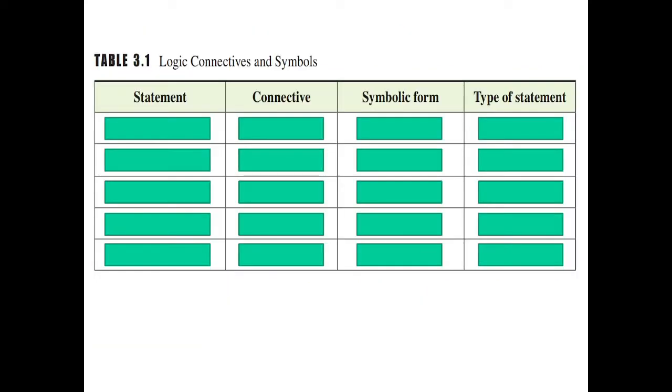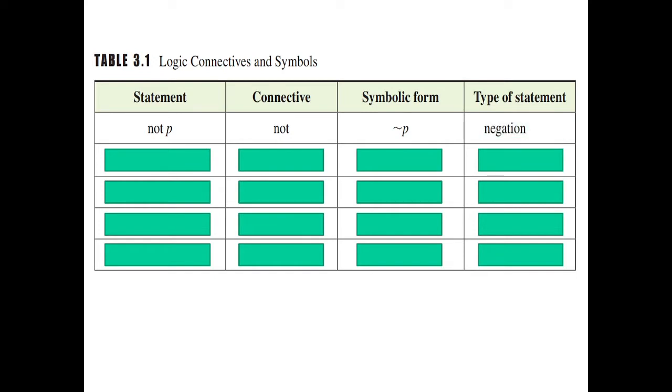Now, we have here the different connectors, the logic connectives, and symbols. If I use not P, the connective is not, and this is what you call a negation. If I give you P and Q, the connective here is and.